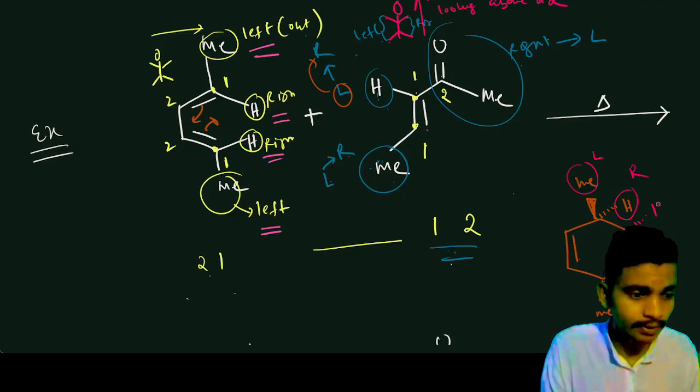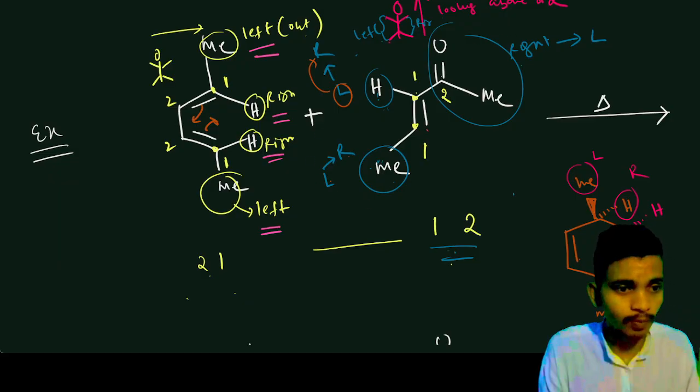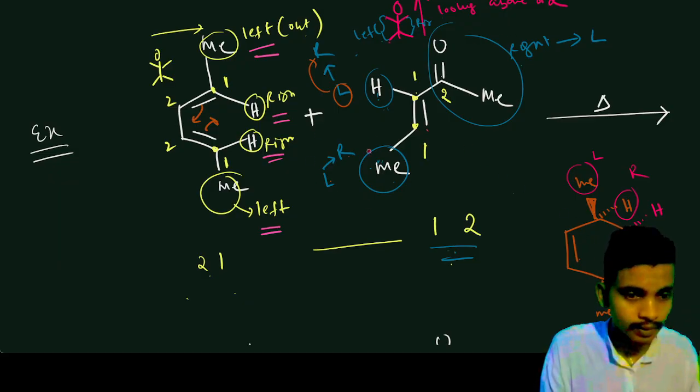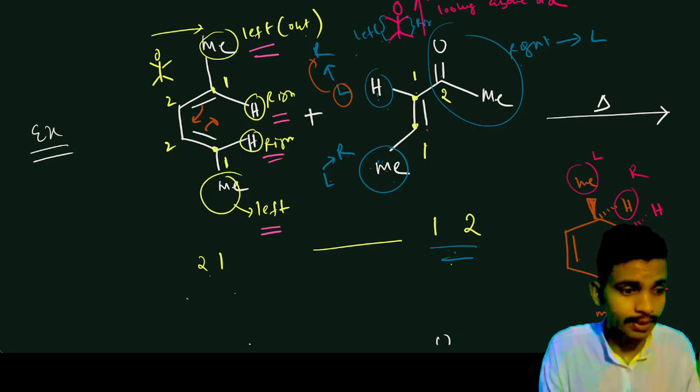This bond will form here, and this methyl is again left, but I have to change to the right, and right I am taking as a dash, so again I will take the methyl here. This is right, but that is going to left, and left I am taking the wedge, so this molecule I have to take on the wedge side.